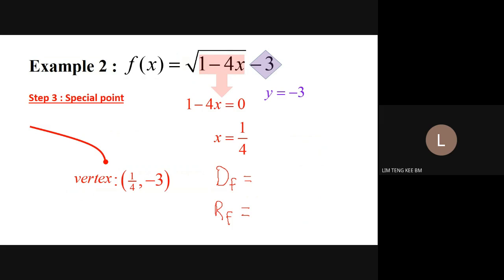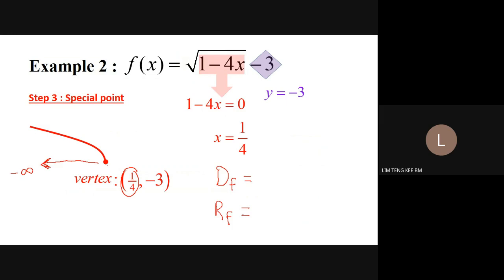If I want to refer to domain, I would like to see how far my x can travel to left and right. So the x value at this special point is 1 over 4, and it can go all the way to the left-hand side, endlessly, which means that it will reach until negative infinity.